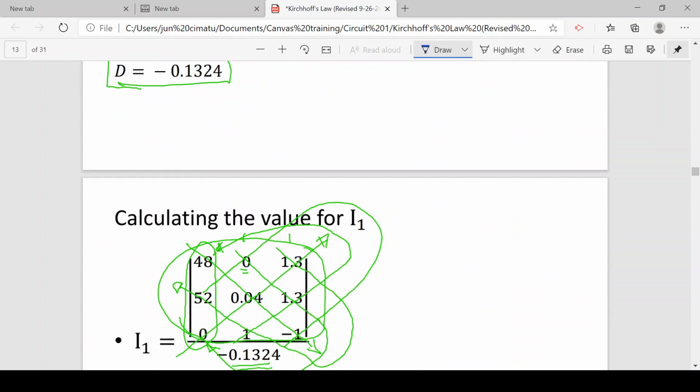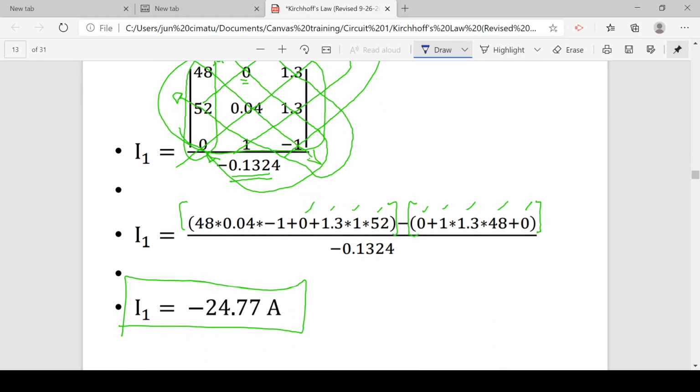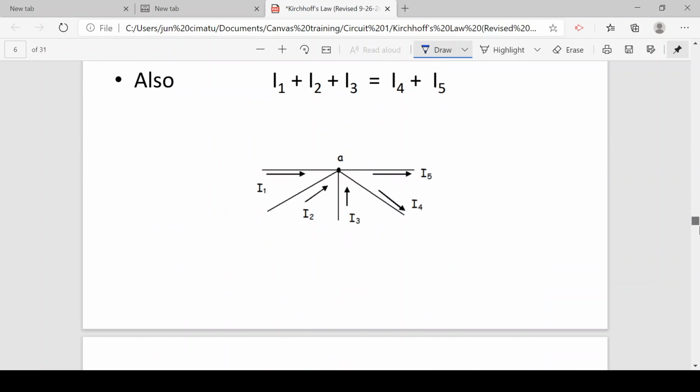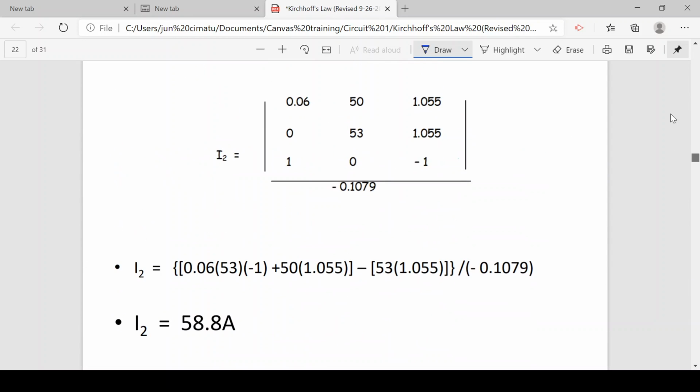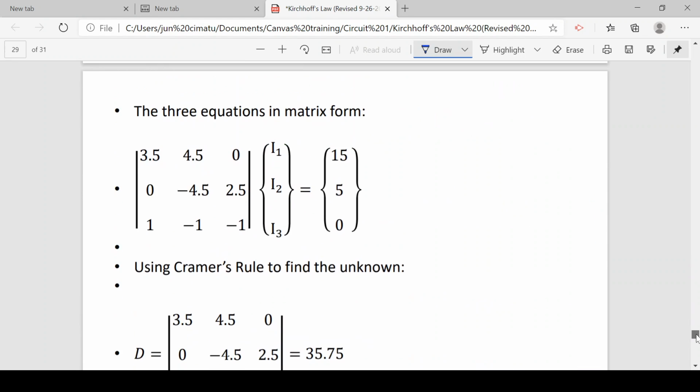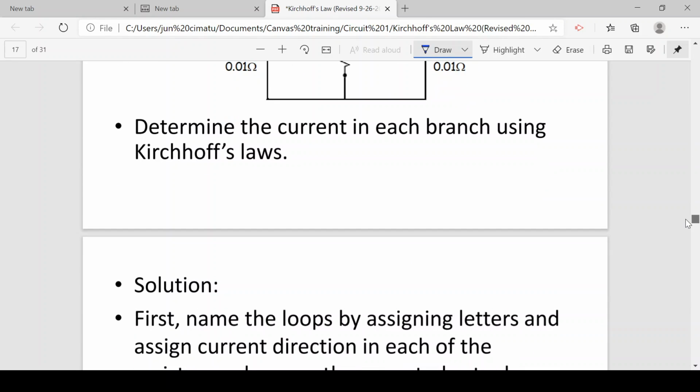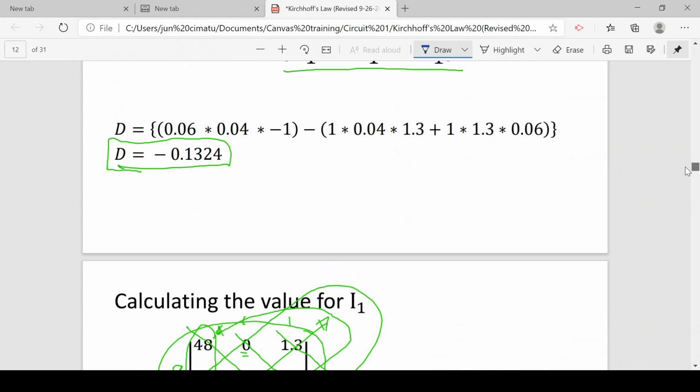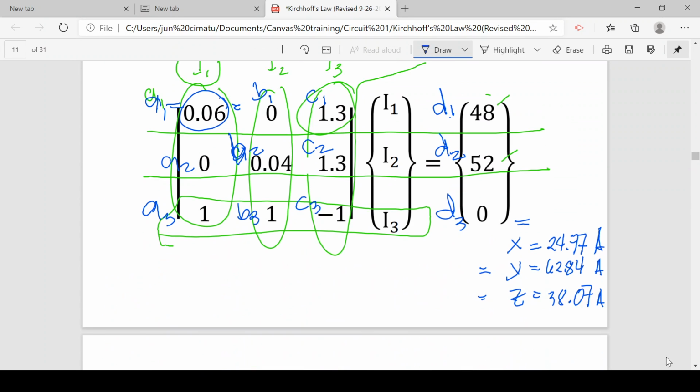Here, negative 24.77. Sorry, this is negative. Yes, negative.